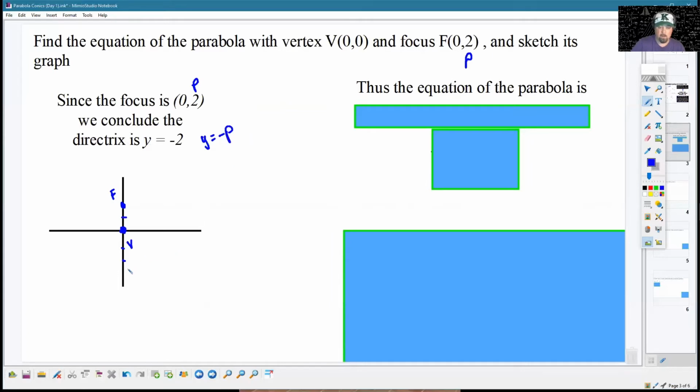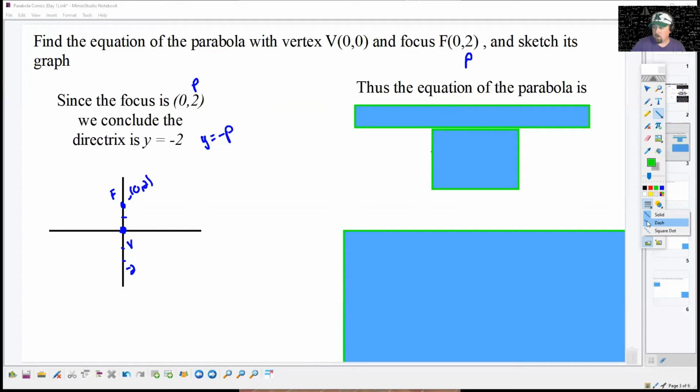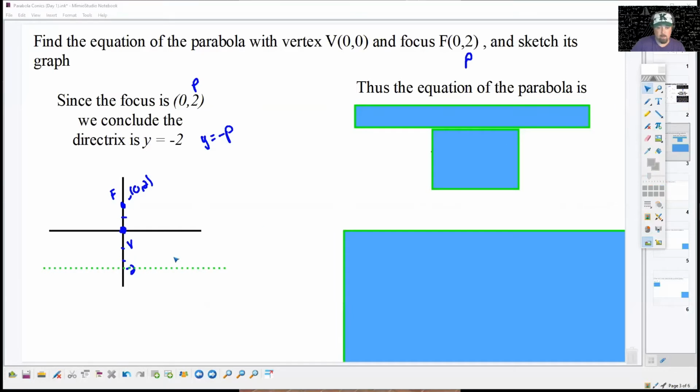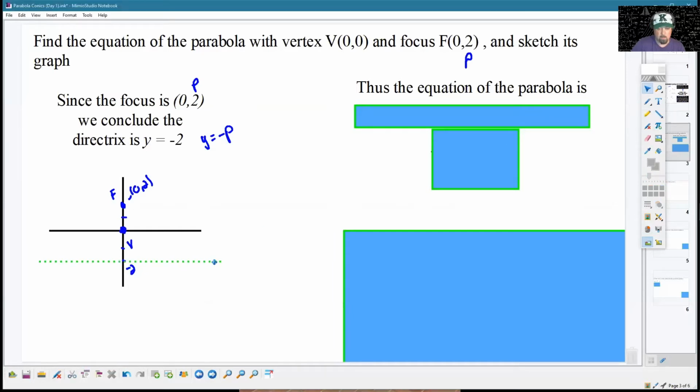So the directrix is down here at negative 2, while the focus is up here at 0, 2. So our line, I'm going to draw it in here, is horizontal, and it's going to go through at negative 2. I missed negative 2, so I'm going to move it up there on top of where I had it. That's where our directrix is. That's where our equal distance comes through.